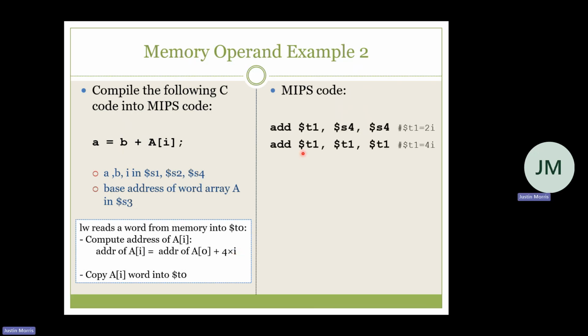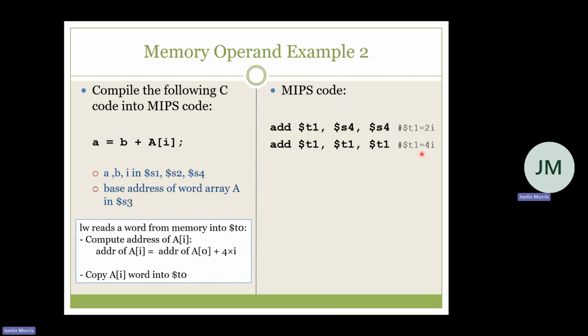So the first thing that we're going to do is add into T1 S4 to itself. So that basically multiplies I by 2. And then we can again add T1 to itself, which is just now 2I.